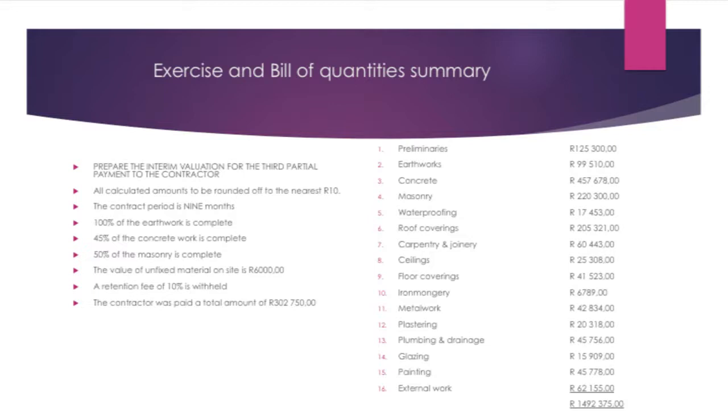The value of the unfixed material on site is 6,000. A retention fee of 10% is withheld. The contractor was paid a total amount of 302,750. Okay, how do we go about this?